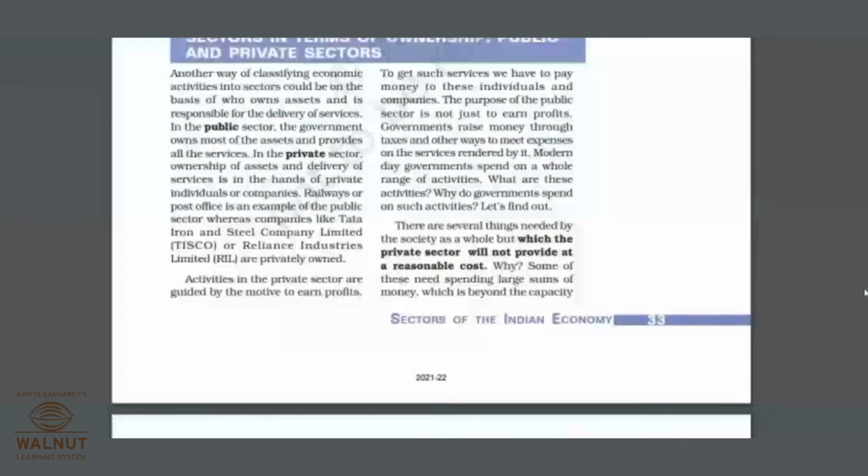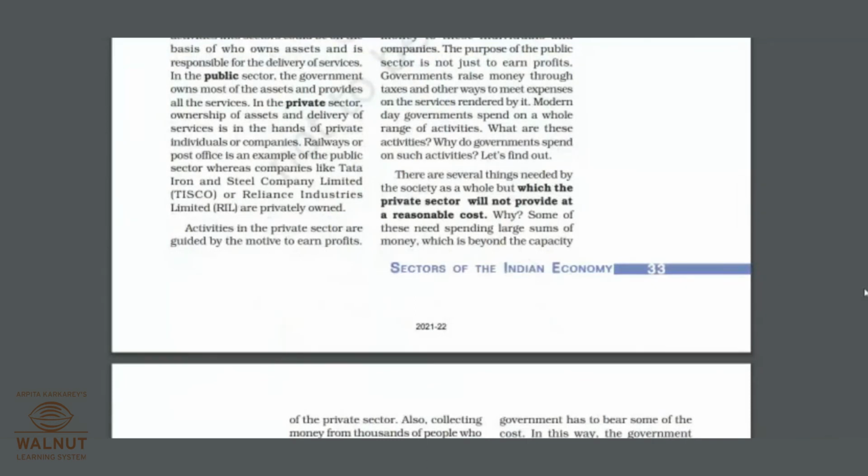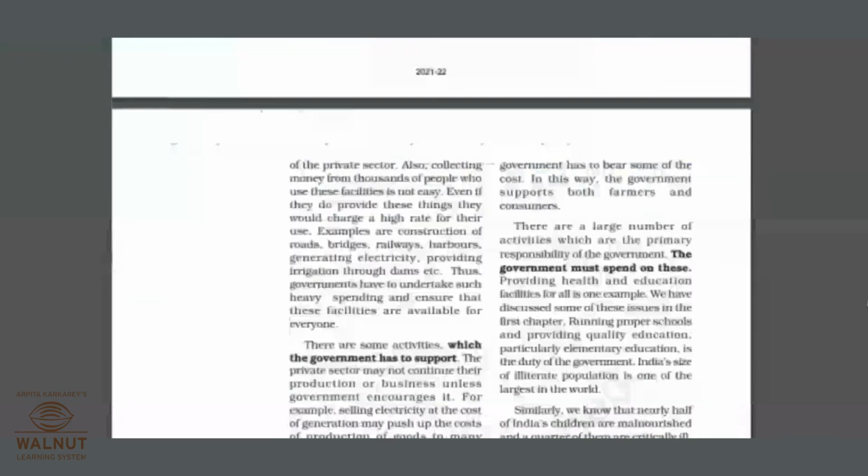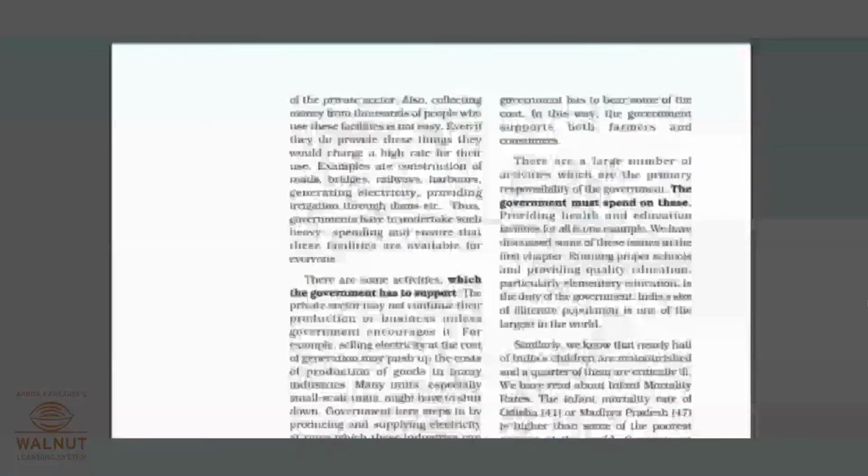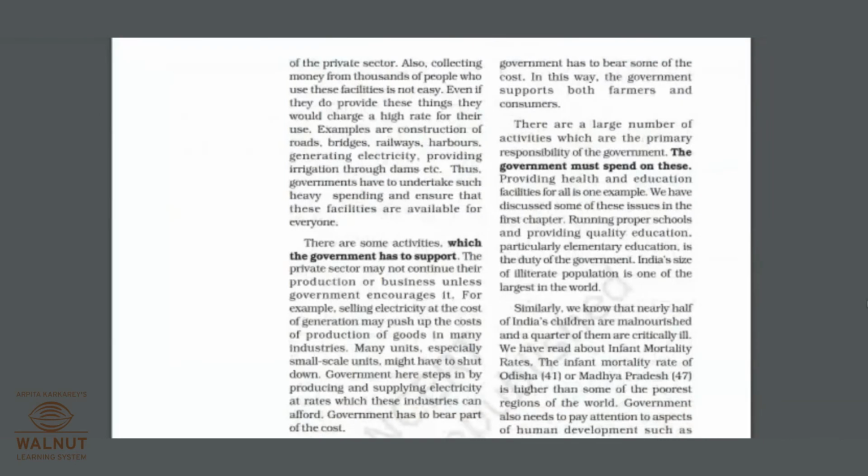Let's find out. So there are several things needed by the society as a whole, but which the private sector will not provide at a reasonable cost. Why so? Some of these need spending large sums of money which is beyond the capacity of the private sector. Also, collecting money from thousands of people who use this facility is not easy.